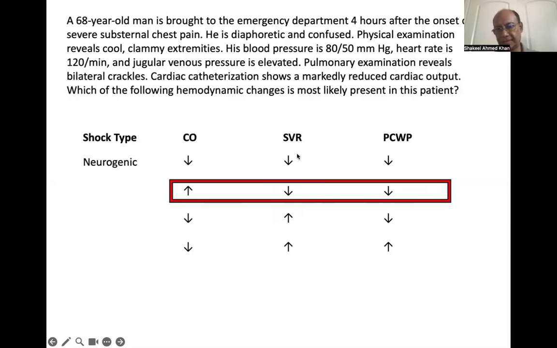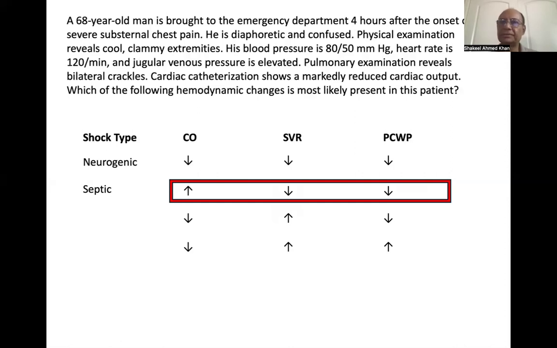PCWP is also low. The systemic vascular resistance is also low. This is very typical of septic shock. What happens in septic shock? Septic means there are some toxins leading to the shock.